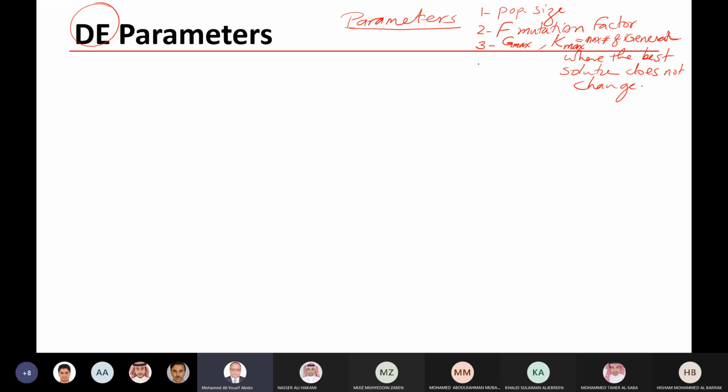What else? There is another very important parameter that we need to set. The crossover. Yes, crossover, CR, the crossover factor. We need to set it also, and we keep it constant throughout the run. So these are the parameters of the differential evolution that we need to set at the beginning.